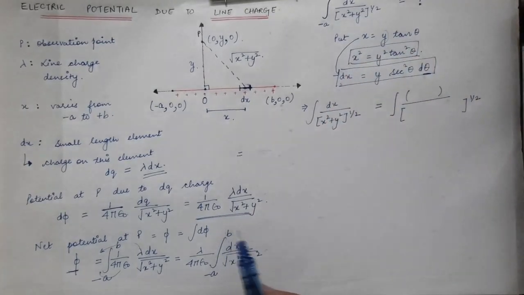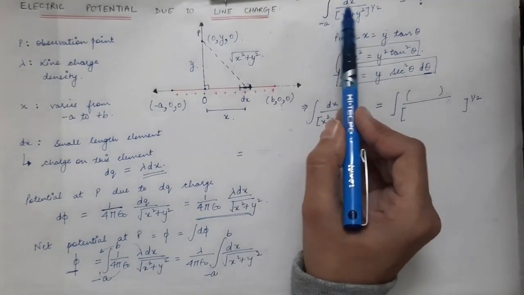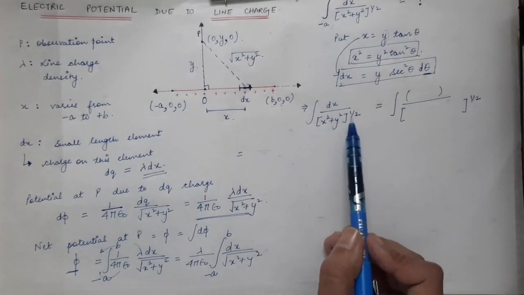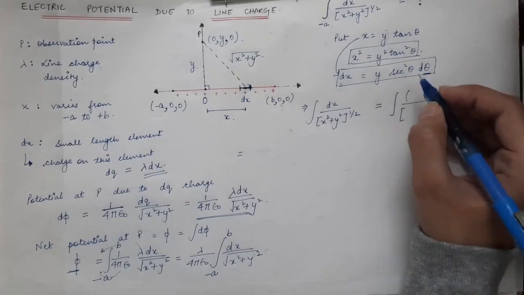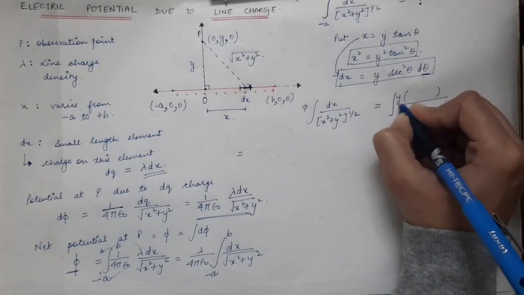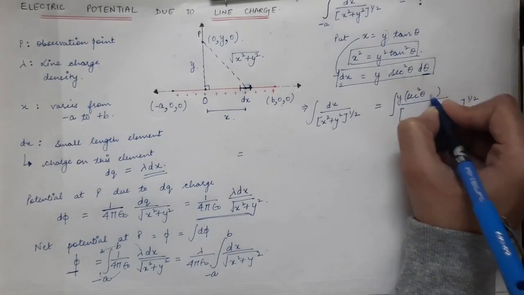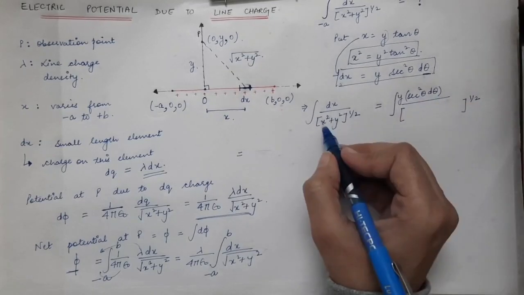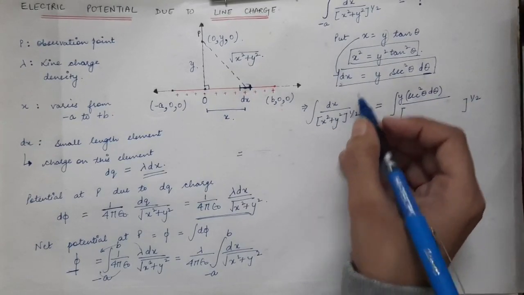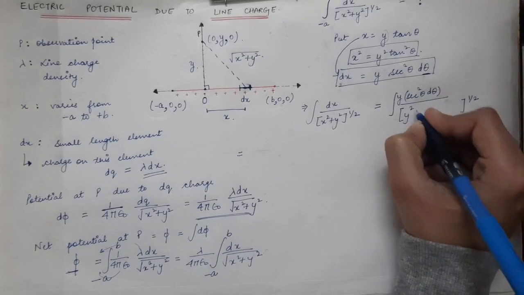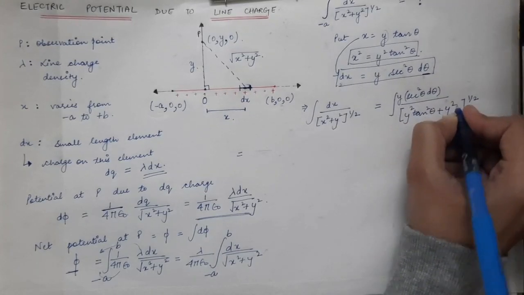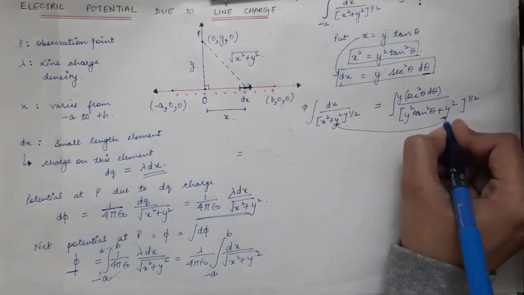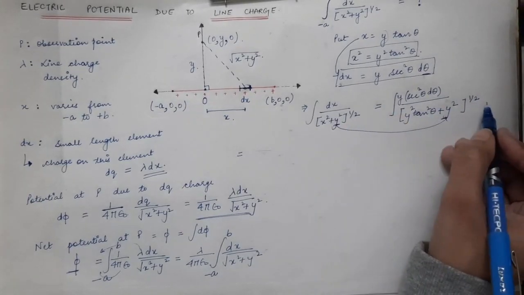So this is the expression of dx, and this is the expression of x square which we need to put in this integral. So this integral of dx over x square plus y square power 1 by 2 will become y into secant square theta into d theta divided by x square plus y square. Now what is x square? It is y square tan square theta plus y square, power 1 by 2.